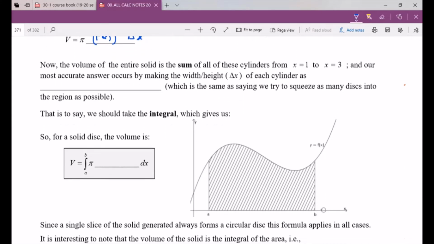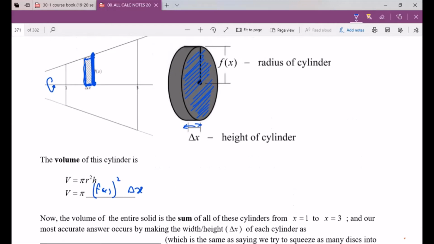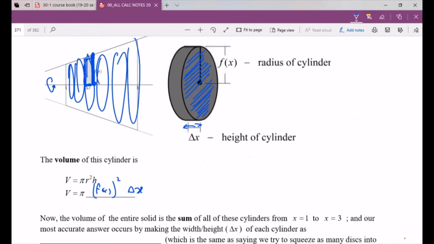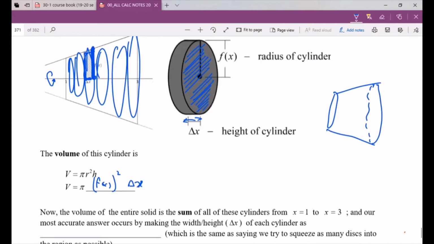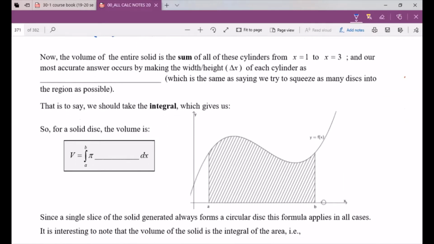So our volume ends up being the sum of all of these cylinders. If you think of breaking this apart into a bunch of different cylinders, we have a cylinder here and smaller cylinders, and getting larger cylinders that we are going to stack together. This object ends up looking kind of like a truncated cone. If we stack all of those cylinders together, our volume ends up being the sum of all those cylinders from 1 to 3.